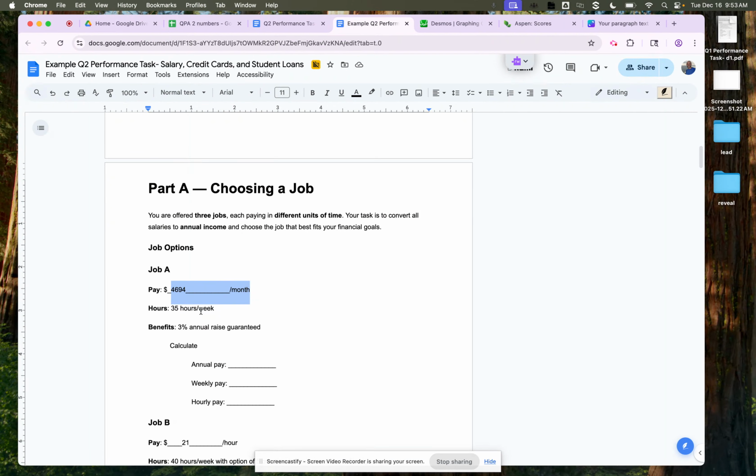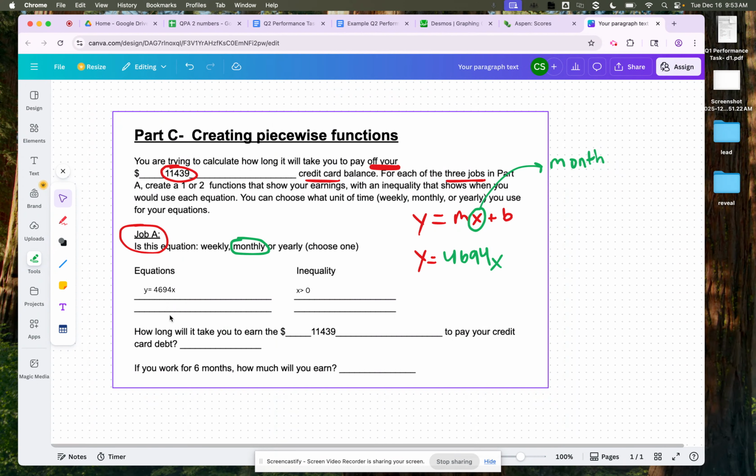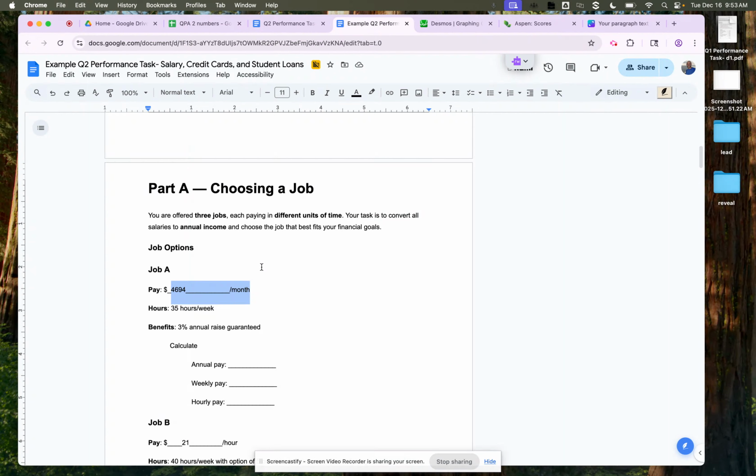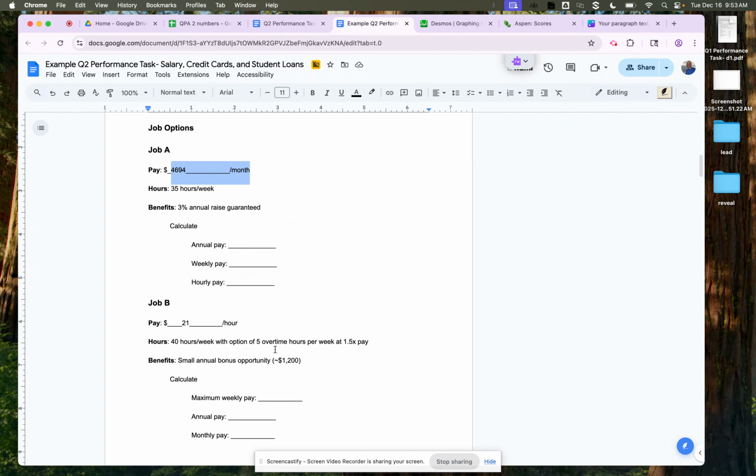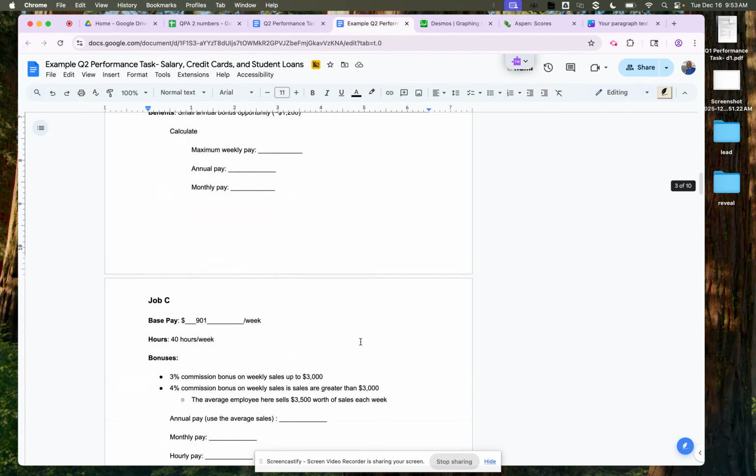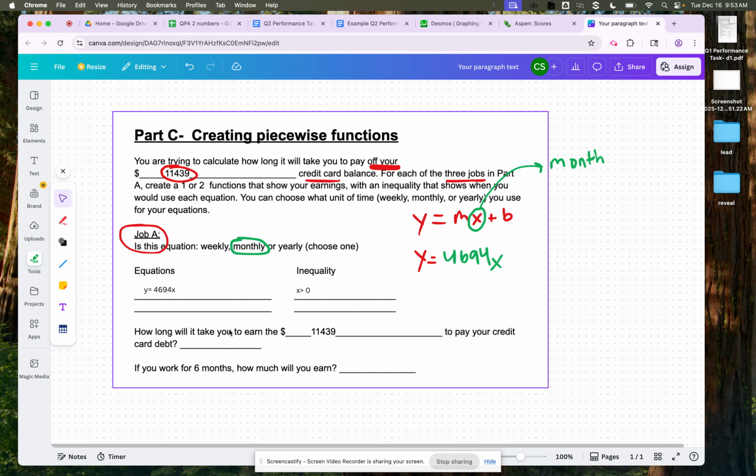And job A is simple enough, where there's not going to be a second equation. For job B, there's going to be overtime pay, so there's going to be a second equation. And then for job C, there's going to be bonuses, so there's going to be a second equation. But for job A, there's not.